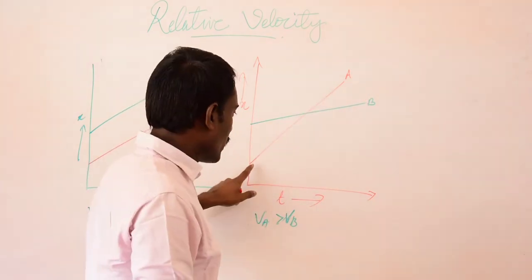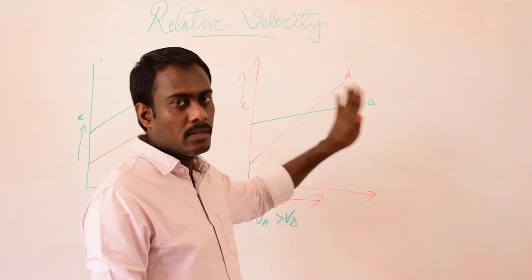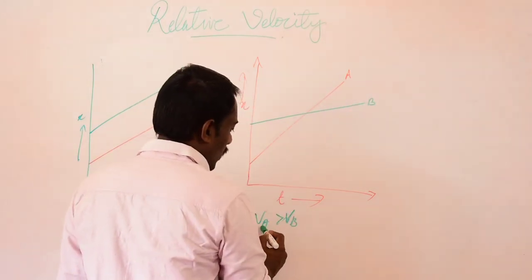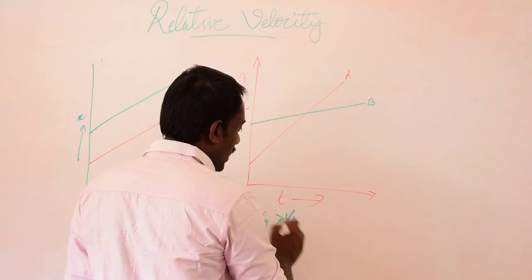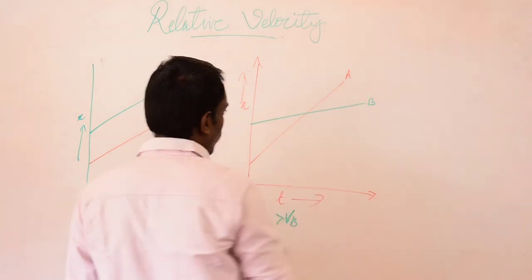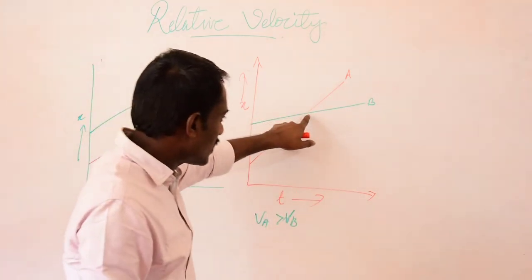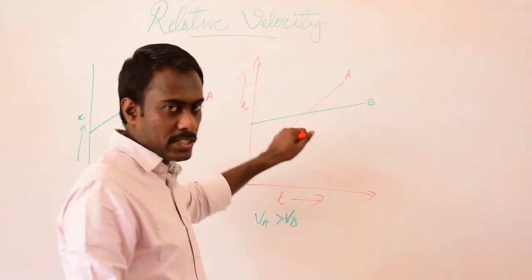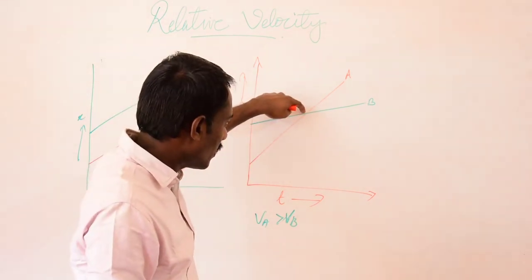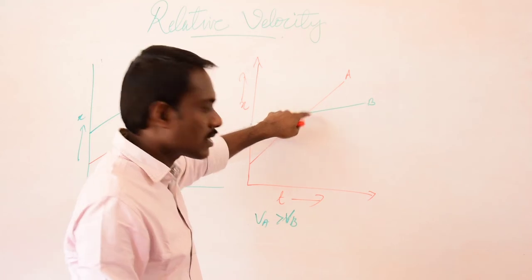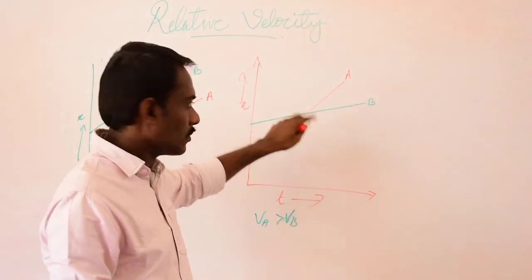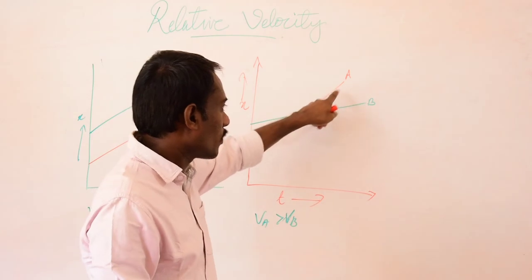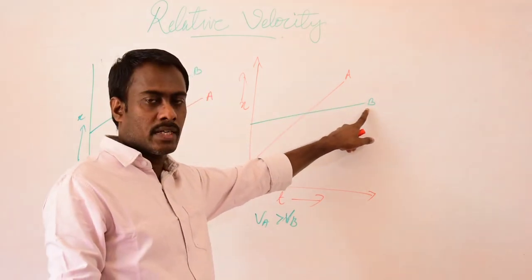So vA is greater, which means this graph is steeper. Here we can see the point where the two graphs intersect each other. Both have the same position there, and from this point A overtakes vehicle B.